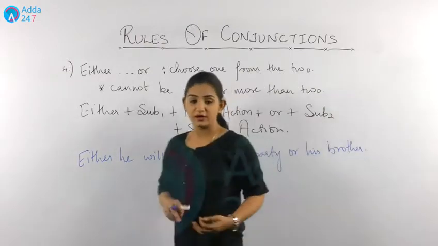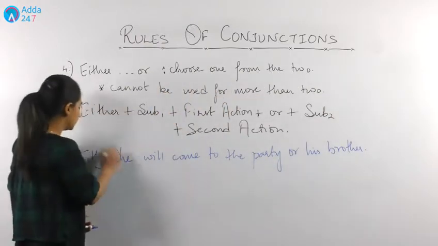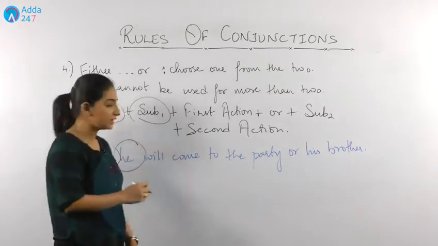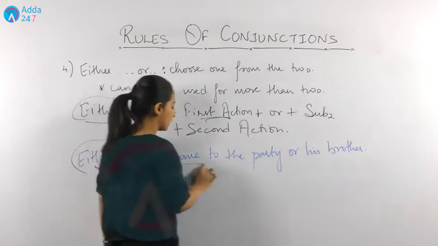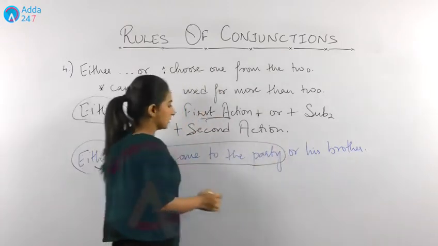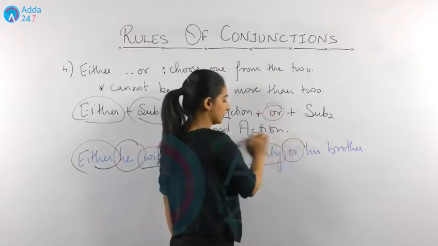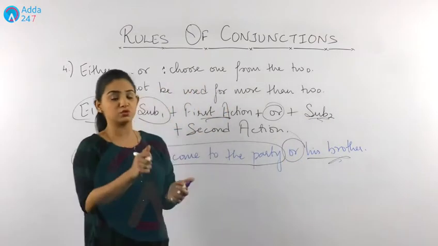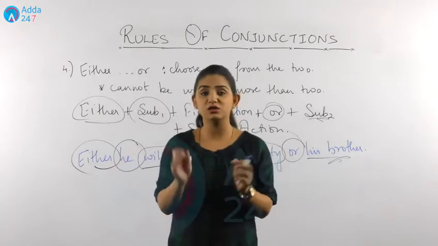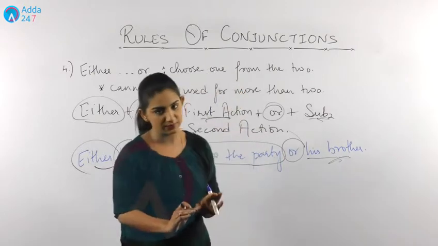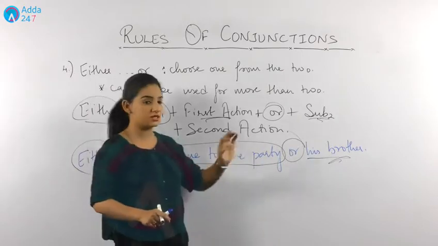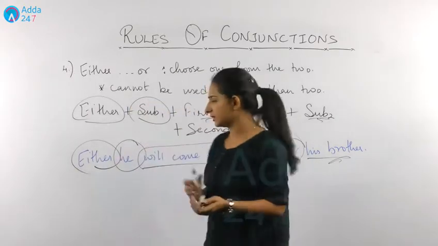Now what you have here is either placed as it is, then you have subject 1 which is again there, then you have the first action will come to the party. Then you have or which is again there, then you have subject which is his brother, and the verb was similar, so there is no need to repeat it. You can write it like this, either he will come to the party or his brother. Or you can write it like this as well.